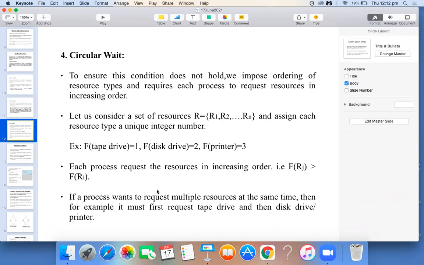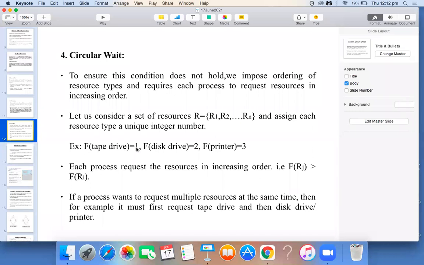The last one is circular wait. Circular wait means you will have a set of resources and every resource is allotted a unique integer number. The purpose of using this unique integer number is to make sure that processes request the resources in increasing order only. Here is an example we have taken.